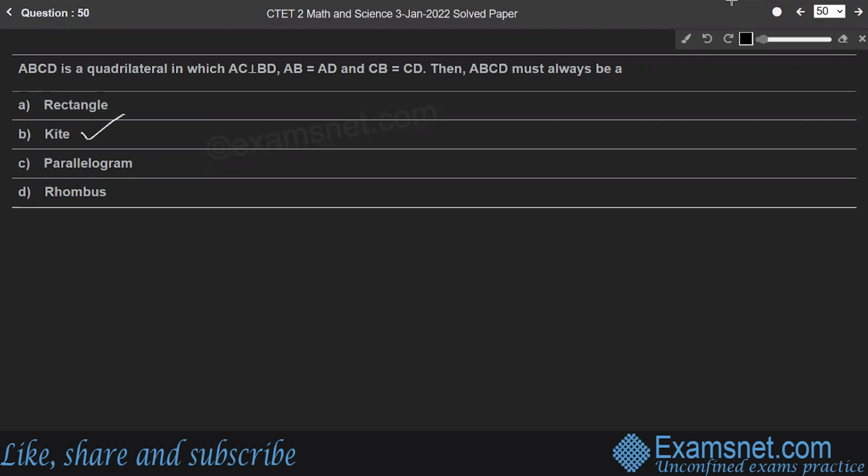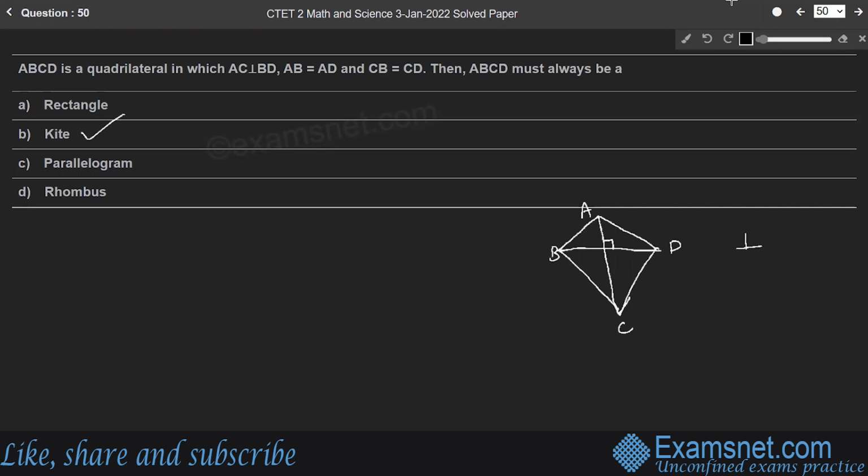So let us draw a kite ABCD, where AB is equal to AD and diagonals bisect each other at 90 degree. That is, diagonals are perpendicular to each other, right? And CB is equal to CD.